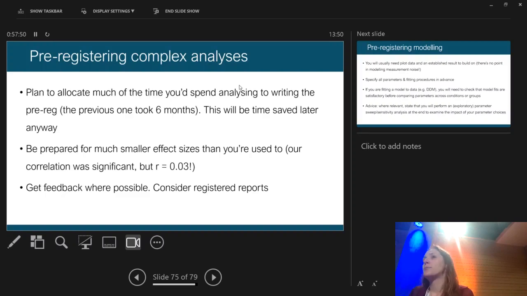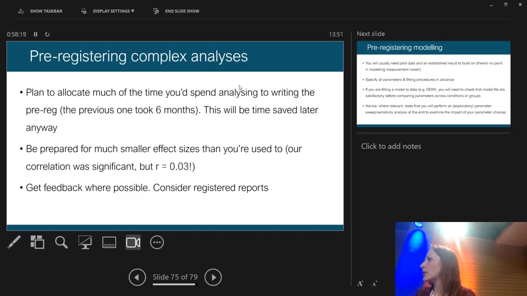So a registered report is a little bit like a peer-reviewed pre-registration. So you write the whole paper from introduction to what you're going to do in your results without having the data. It goes under peer review. And then once it passes through peer review, you get stage 1 conditional acceptance.